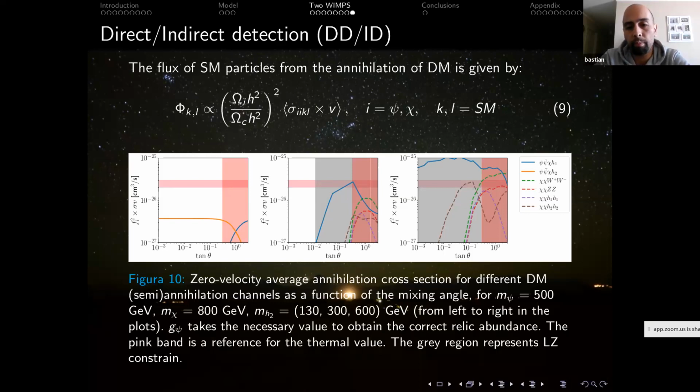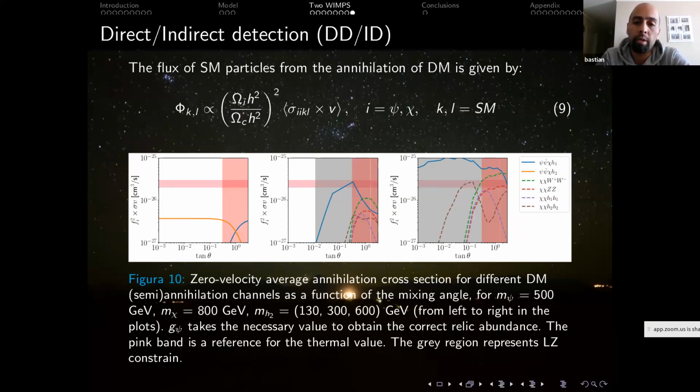Here we have plotted benchmark points, considering a fermion mass of 500 GeV, a pseudoscalar mass of 800 GeV, and three different masses for the second Higgs. In the last plot we show the partial annihilation channels of each dark matter candidate, and I'm sorry, each benchmark point gives you the correct relic abundance, by the way.